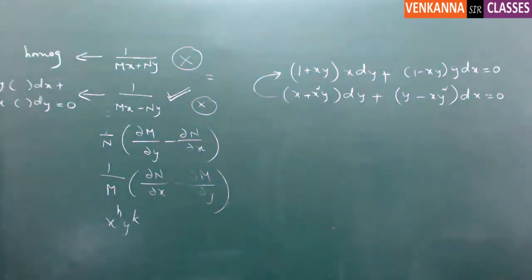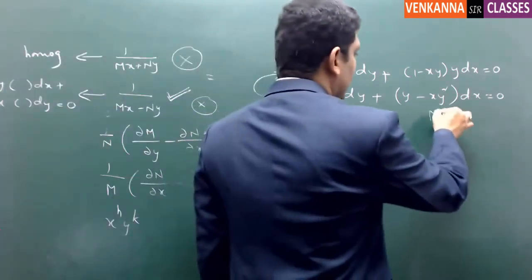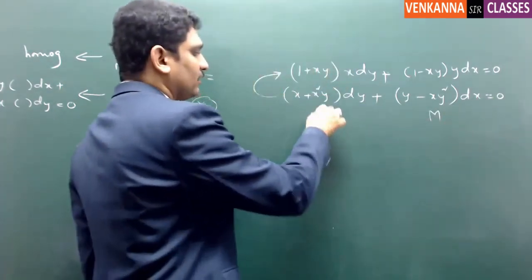Fine. Now, if you compare the given equation with M dx plus N dy equal to 0, so this is M and this is N.